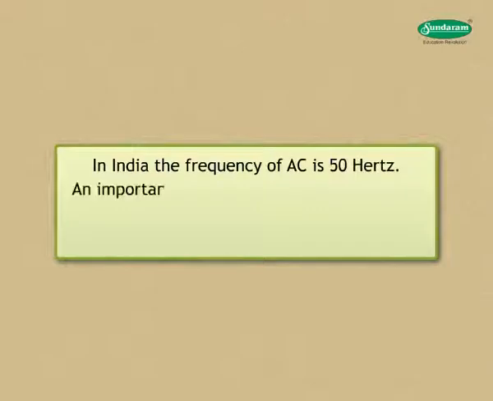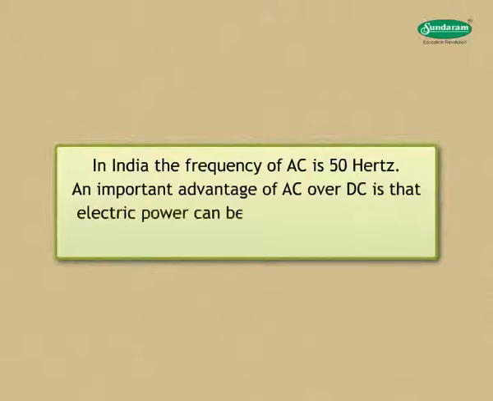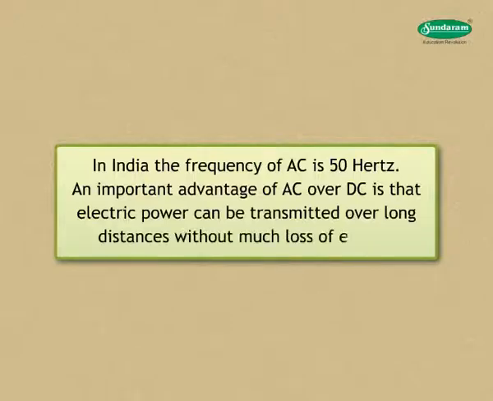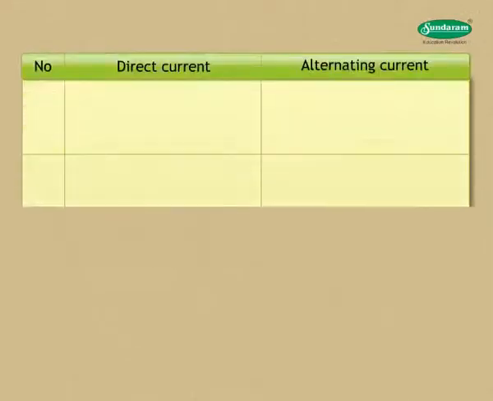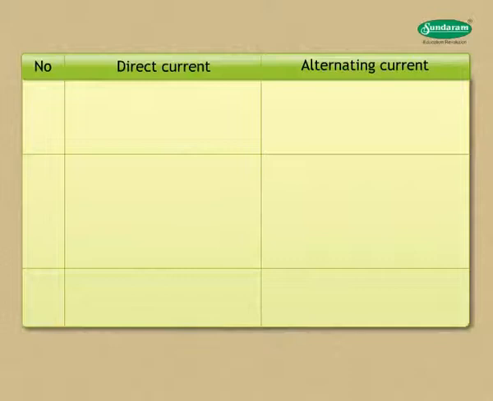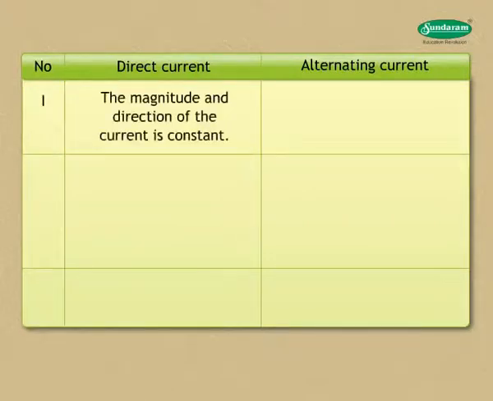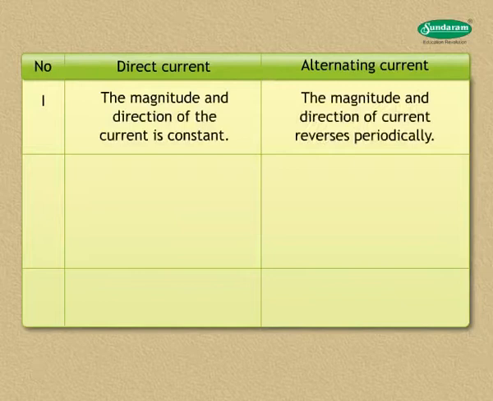An important advantage of alternating current over direct current is that electric power can be transmitted over long distances without much loss of energy. Let us compare DC and AC now. First, for DC, magnitude and direction both are constant, whereas for AC, magnitude and direction reverse periodically.